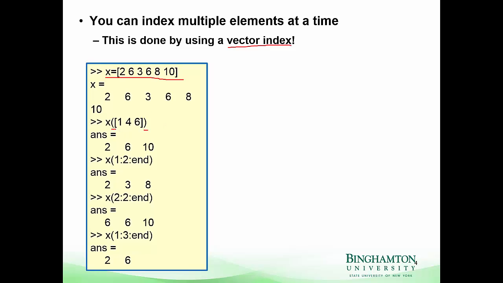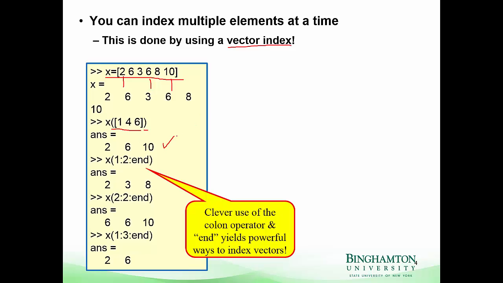And then I'm going to create a vector inside there. So I need square brackets to create the vector, and I just put the numbers 1, 4, 6. If you put those in there without the square brackets, it will not work. So here I am extracting 1, 4, 6. So it's going to take the first, fourth, and sixth elements, which should give me back 2, 6, and 10, and in fact it does.